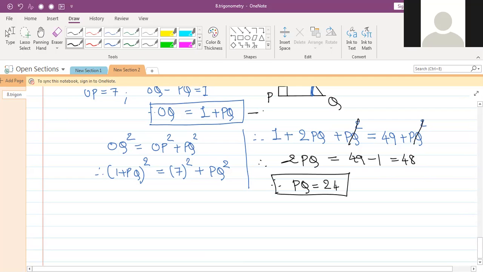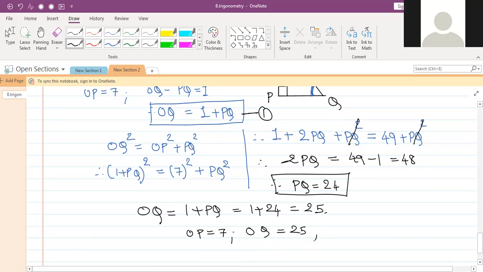And now this one is my first result. Using this first result, we can also find OQ, that is 1 plus PQ, and therefore that is 1 plus 24, so we get 25. So here we have OP is equal to 7, OQ is 25, and PQ is equal to 24.